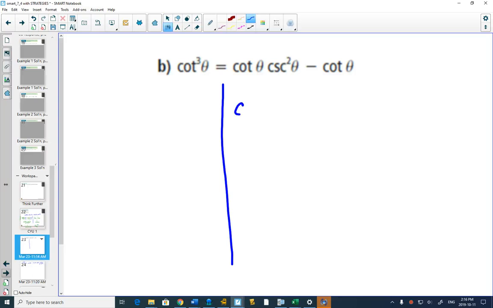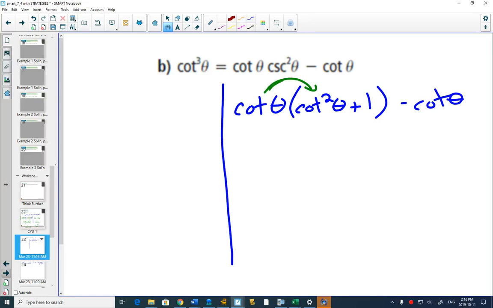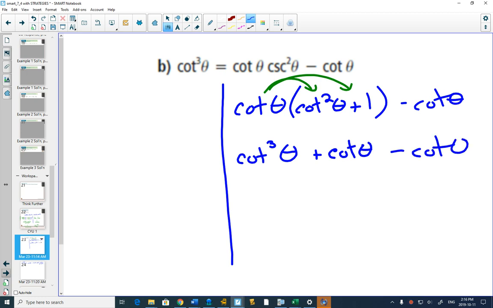So for this question, I can change the cosecant squared to cotangent squared plus 1. Now my right-hand side only has cotangent. This probably is going to be helpful. I can take this cotangent out in front and distribute it. That would give me cotangent cubed plus cotangent theta. And then I have minus cotangent theta.